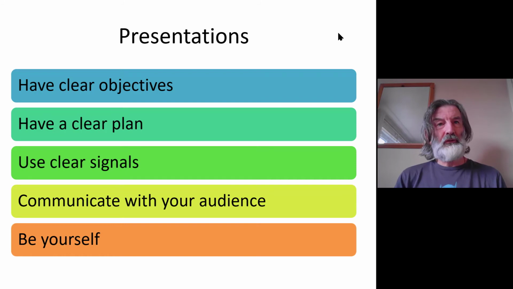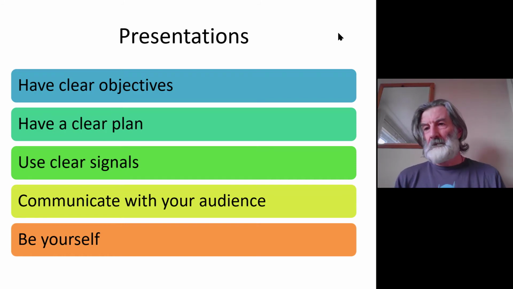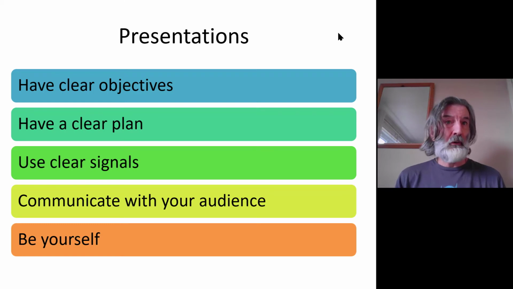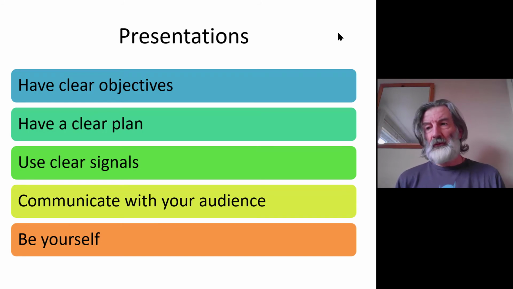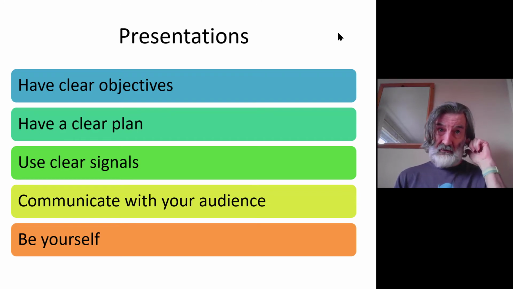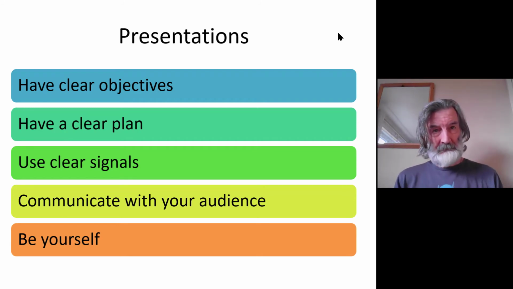Also, you have to use clear signals. There's a certain way that you guide an audience through a presentation, making sure all the time that they are with you, so that there will be additional commentary that you use that is helpful to them to understand where you are. It's part of the structure. And then you've got to communicate with your audience.